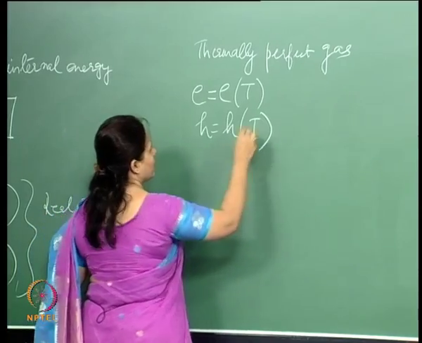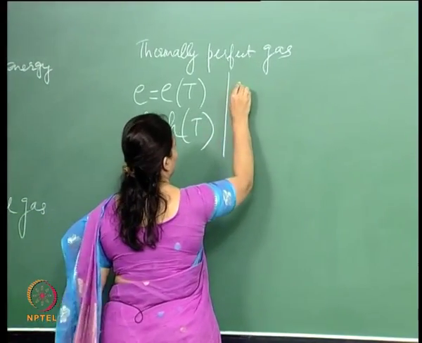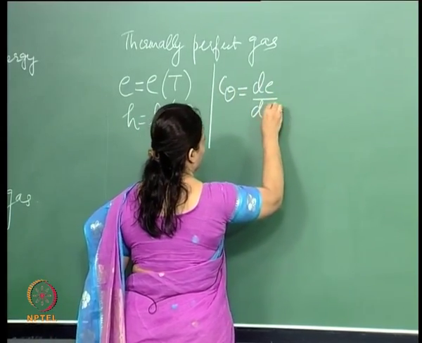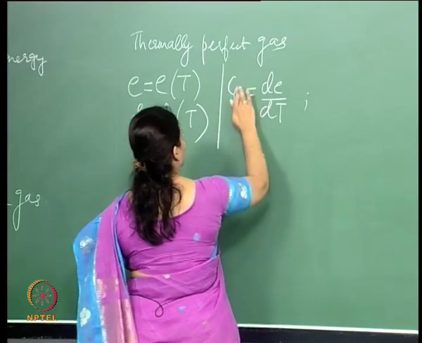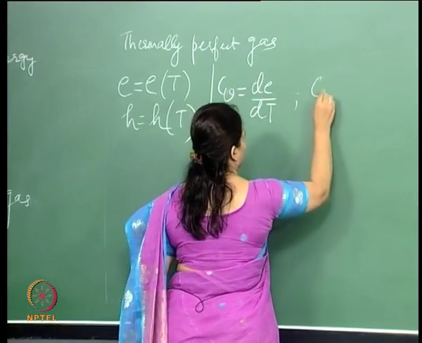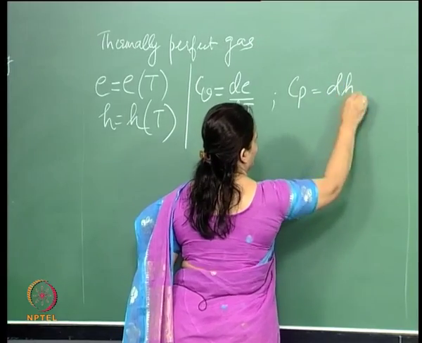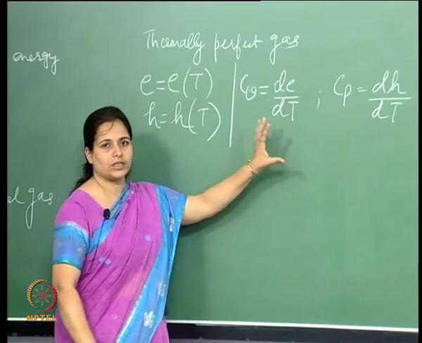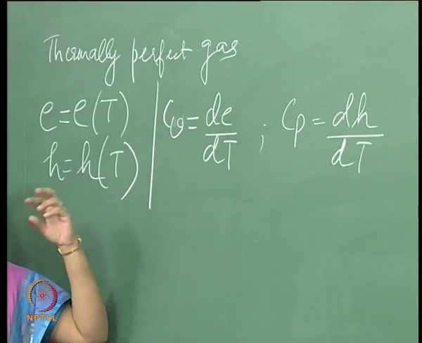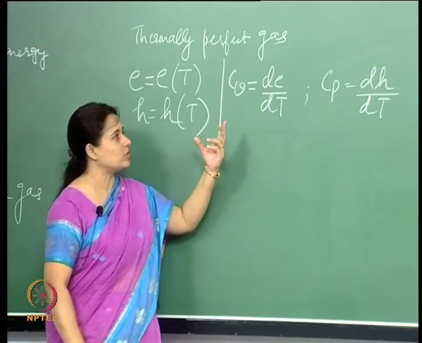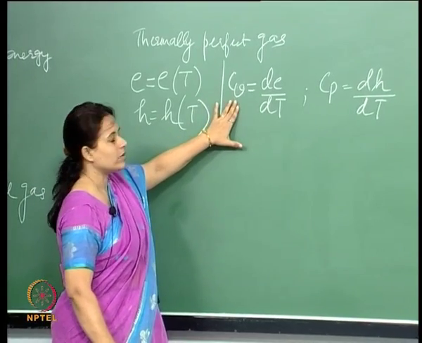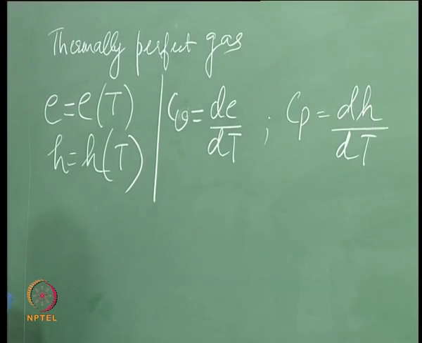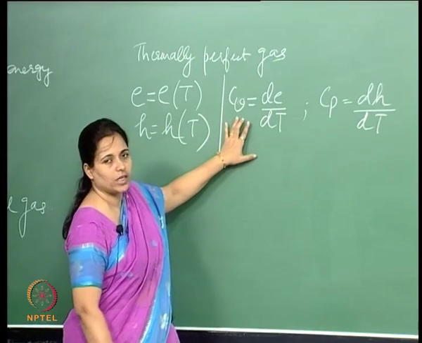Now, in this case, I think that is easy to see. When I write equations like this, I kind of spell it out in words, and it makes more meaning to me. Now, CV is the specific heat at constant volume.